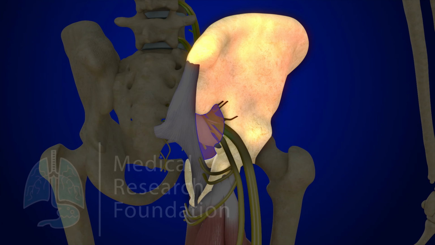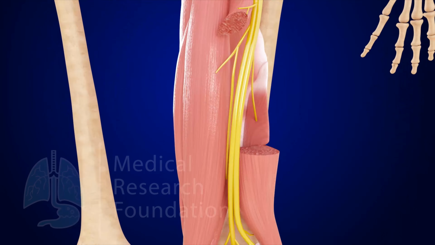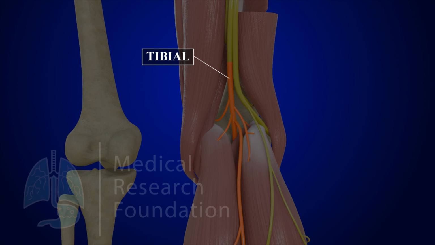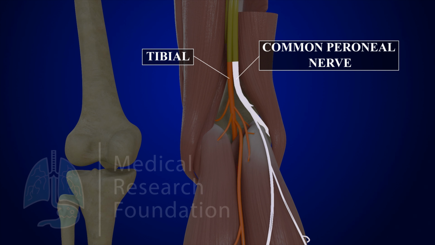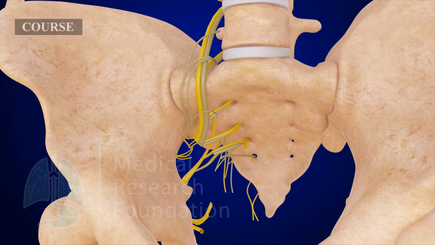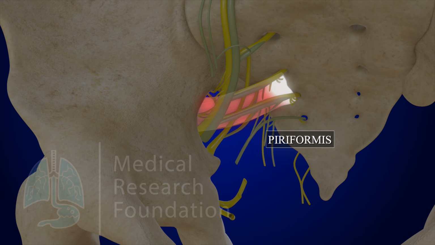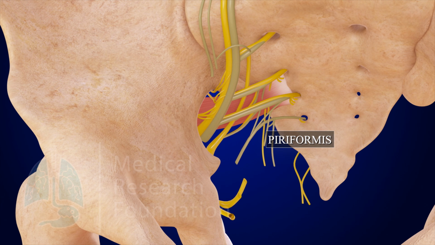Extent: it begins in the pelvis and terminates at or just above the superior angle of the popliteal fossa by dividing into tibial and common peroneal nerve. Course: in the pelvis, it lies in front of piriformis, under cover of its fascia.